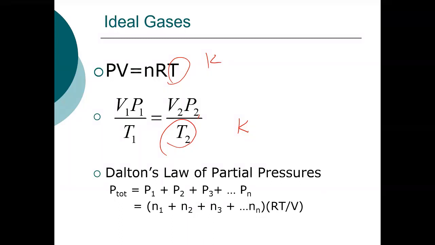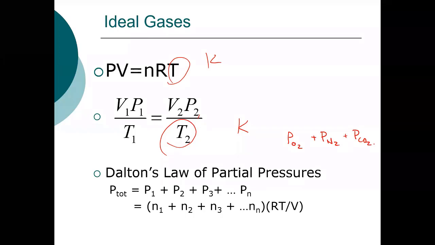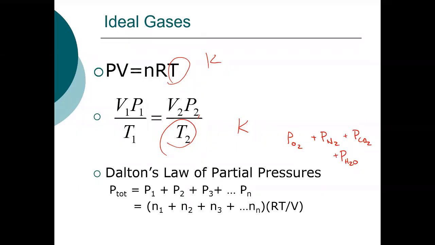The room that you're sitting in has what major gases? Oxygen and nitrogen. Okay, so we have oxygen. We have nitrogen. What else? Probably some CO2. Definitely some CO2. Anything else? Water vapor. Those are the major gases.